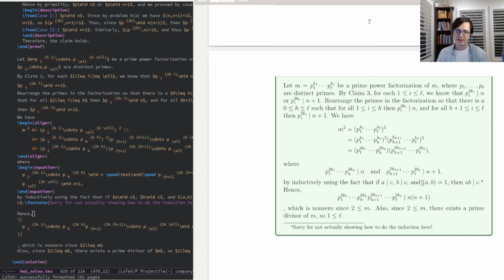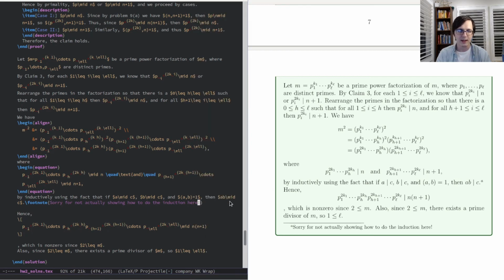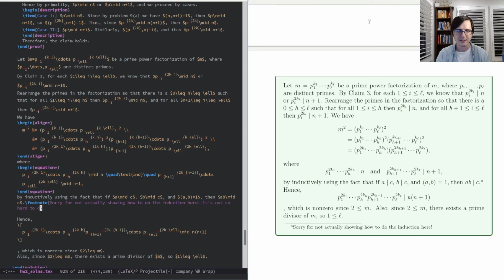It's one of those things where it's just obvious that these are equalities because of that, but I'm struggling to put into words the exact reason why that is true. It's not so hard to do, but I got tired by this point.